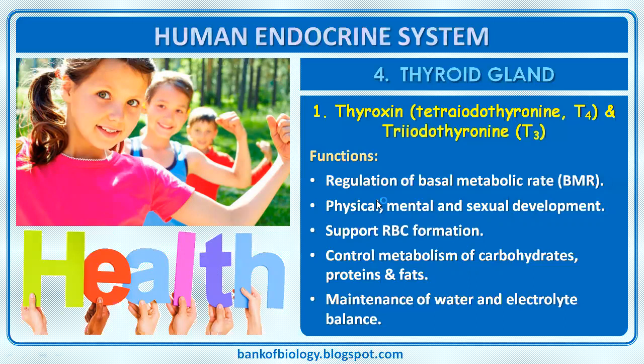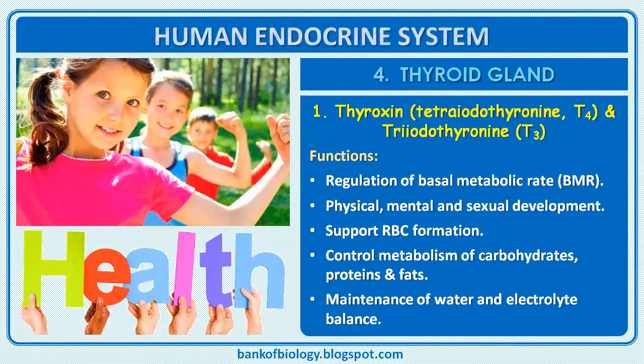When we say thyroxine, immediately BMR should come to mind. Then it is also for physical, mental, and sexual development, support of RBC formation, control of metabolism of carbohydrate, protein, and fat, and maintenance of water and electrolyte balance. This is one more, because the authorized hormone is aldosterone from the adrenal gland, isn't it?